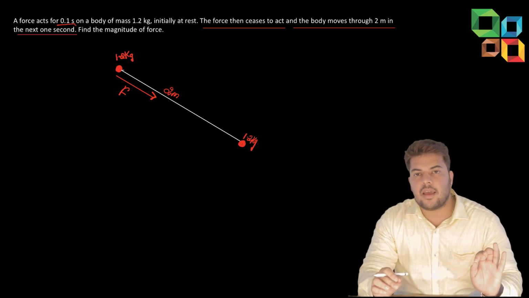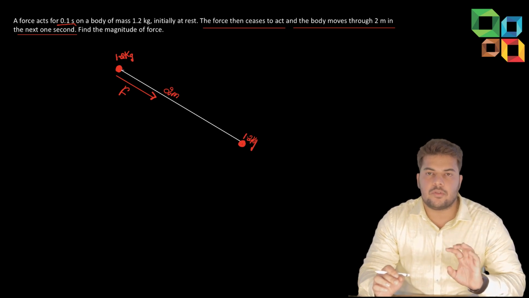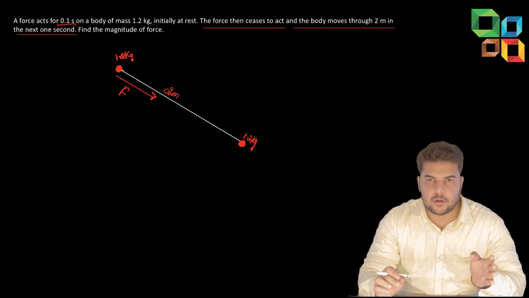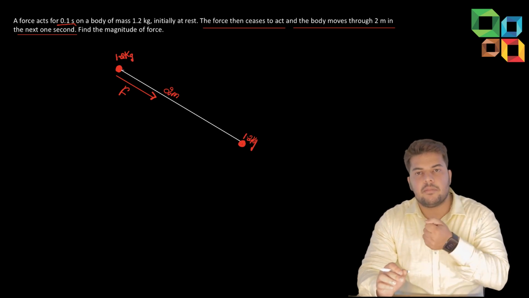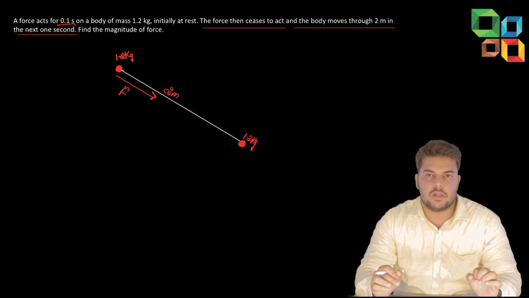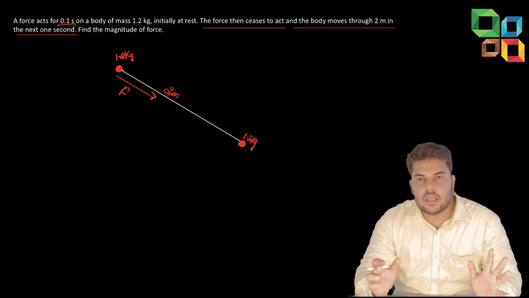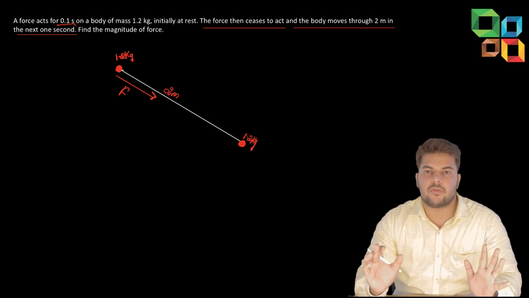Again, until when? Until and unless acted upon by another force. If you act on your friend again with another force, maybe you could tie a thread and pull him, or anything, it doesn't matter, any sort of force that you apply on him, he would change his direction or speed. He would change his velocity.